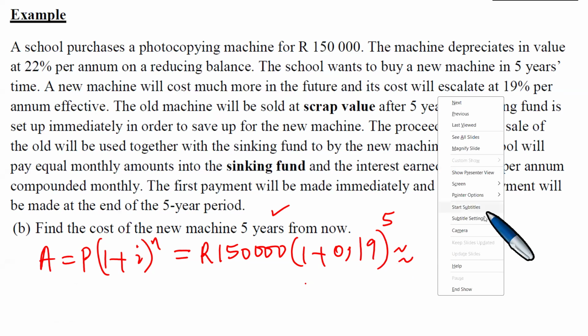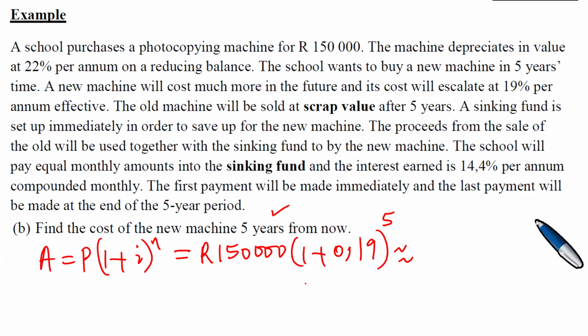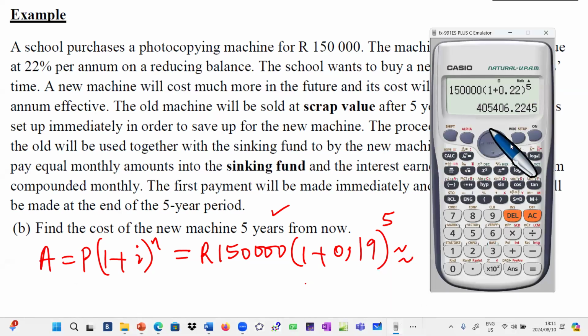Now you therefore have that 150,000 has been recorded as the price of the machine that was bought initially, times 1 plus 0.19, closed, to the 5th power.